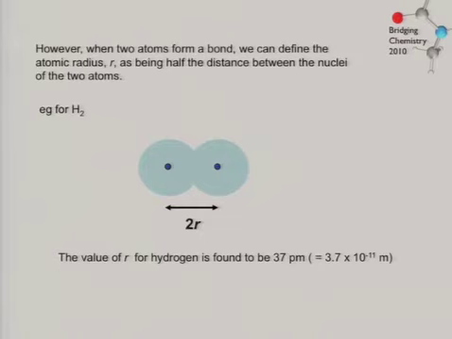So if we halve that distance, we can get an idea of what the atomic radius is. For hydrogen, it should be about 37 picometers, which is 3.7 times 10 to the negative 11 meters. So it is quite small, but that's to be expected because hydrogen is the smallest atom on the periodic table.